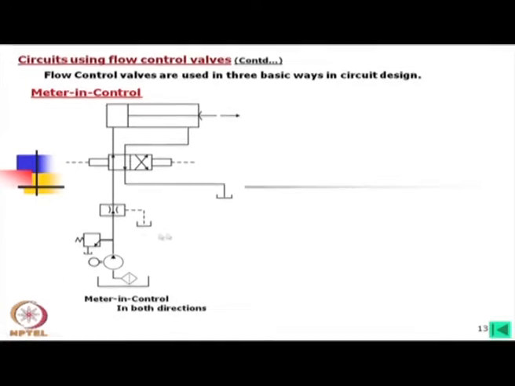Now, let us consider the meter in control. In that case, what is this valve? This valve is a 4/2 valve. It is just operating this double acting cylinder, but we have put a flow control valve in line.